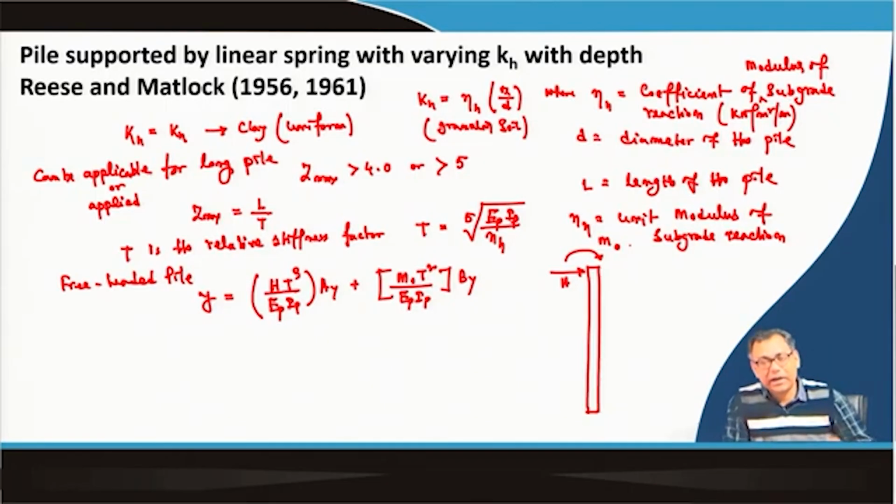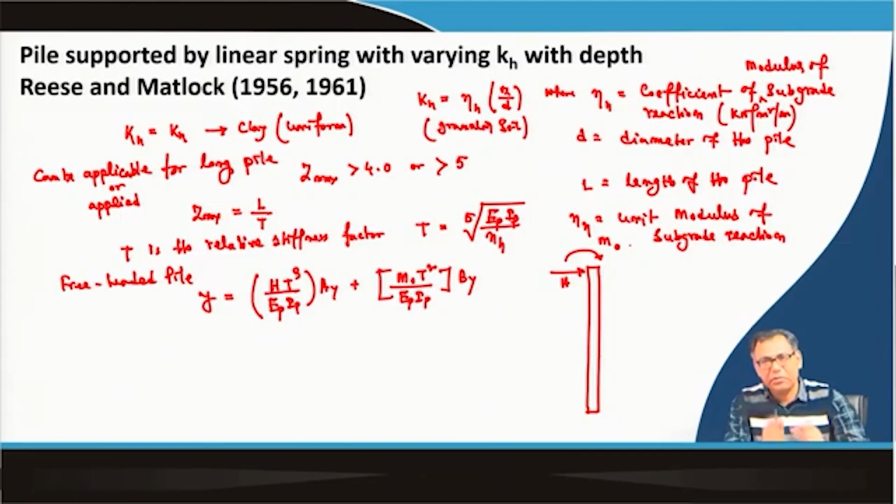But remember that in the previous case, when we solved the pile as a finite beam, we applied H and moment in opposite directions, because the moment was applied due to the fixity of the fixed head. But if the moment and H are both applied in the same direction, that can also be solved using that equation.